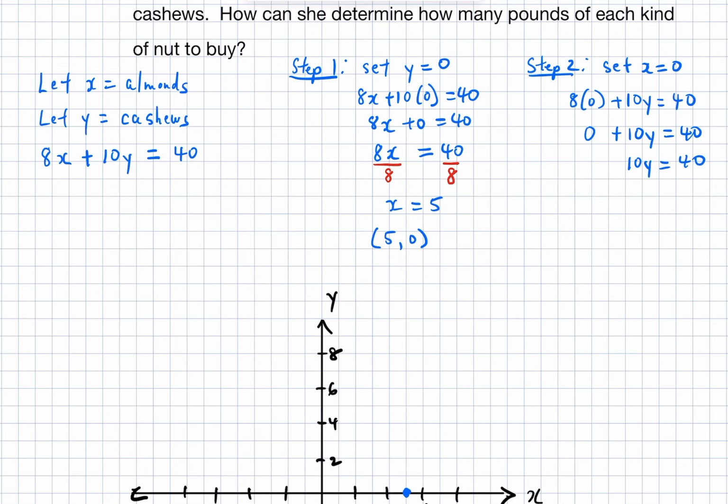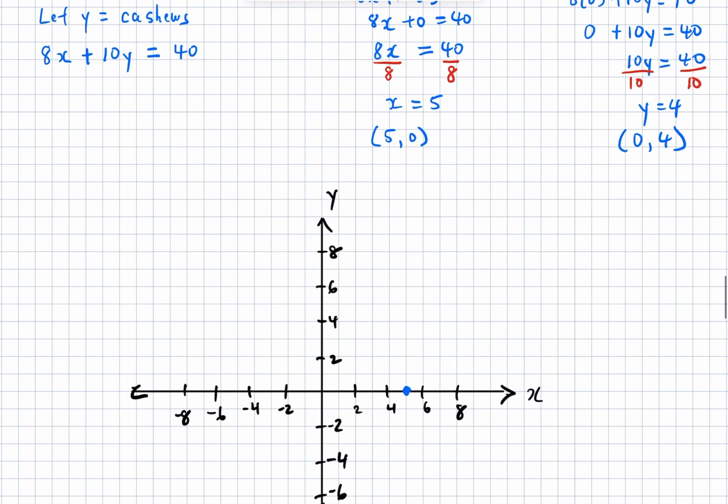And so now we're going to divide both sides by 10 to isolate the y. And we find that y is equal to 4. Okay, so then our next coordinate is going to be 0, 4. So we can go ahead and plot that. 0, 4 puts us right here. So we can go ahead and plot a point right there.